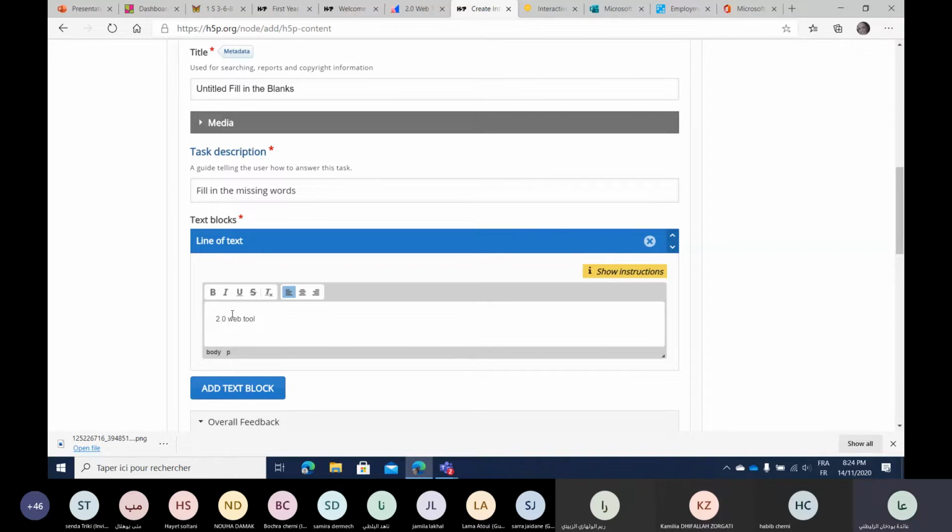What words do I need to highlight for it to be inserted later by students? That is, I just pick the word and insert it between two asterisks this way, okay? Web tools.